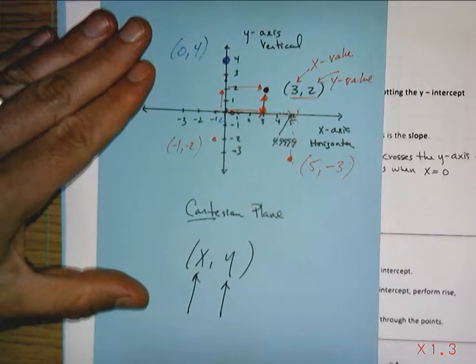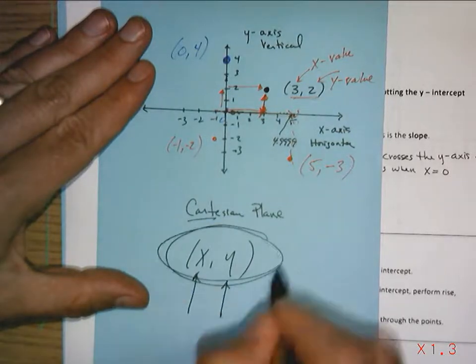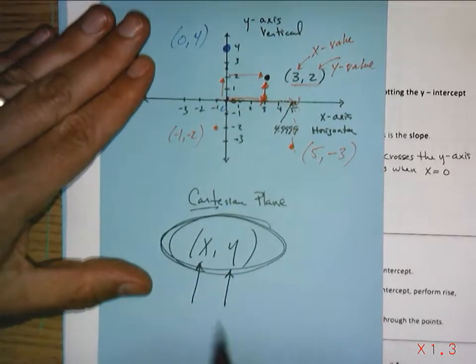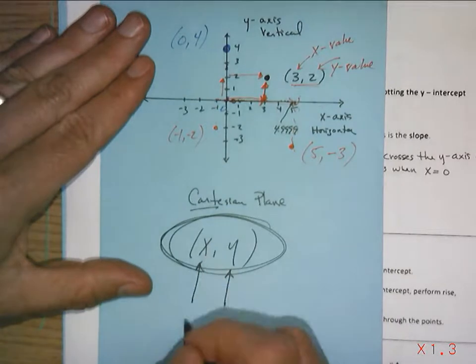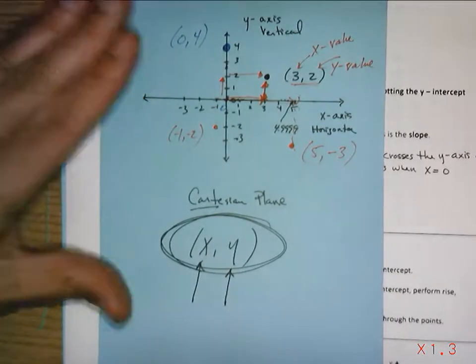It's kind of like driving. In Canada, we drive on the right-hand side of the road. If we decide to drive on the left-hand side, things are going to get in trouble. However, in England, they reverse that. In mathematics, we don't have that problem. Everybody, everywhere agrees that x will be first, y will be second.